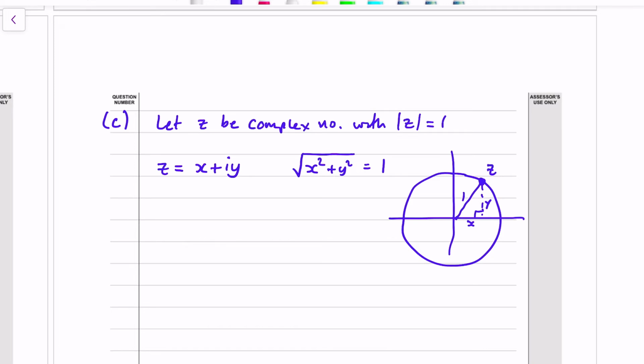Okay, and the complex number that we've been asked to consider is W, which is z plus i divided by i minus z.